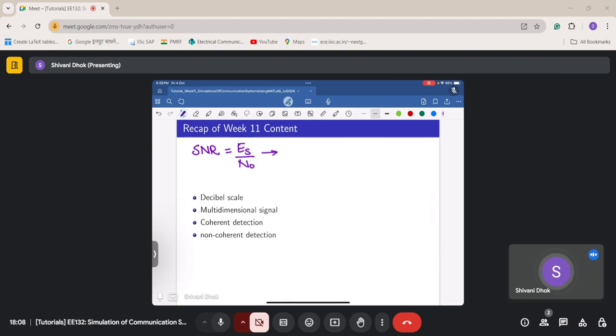This is right now in a linear scale. To visualize the probability of error plot in a better way, we consider the decibel scale, or what we call the dB scale.